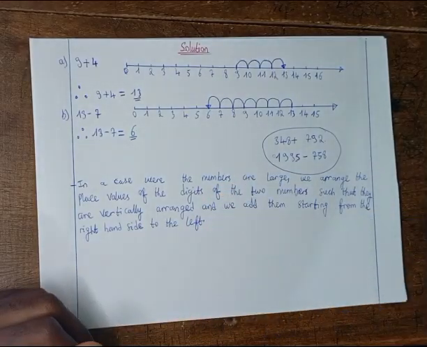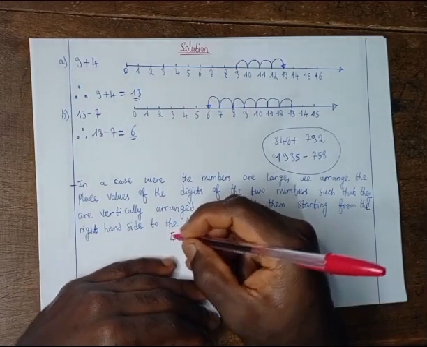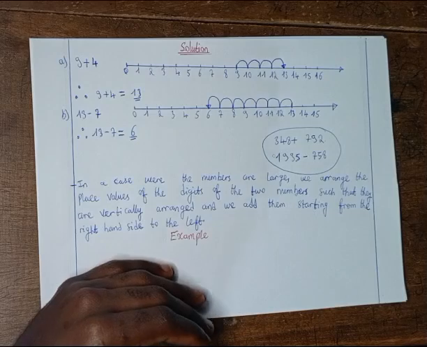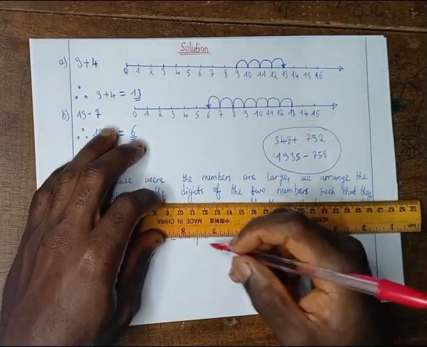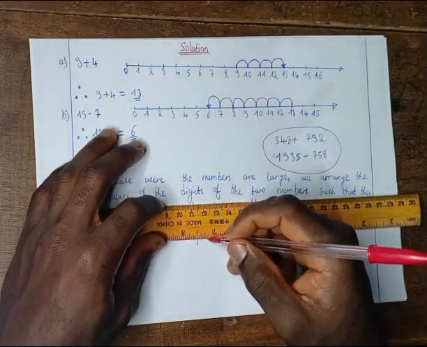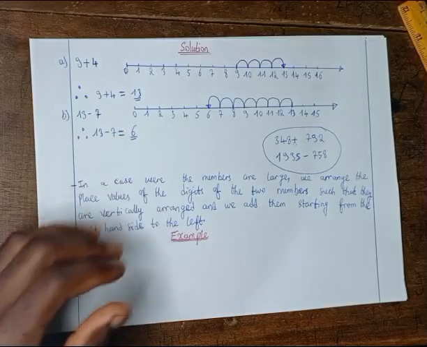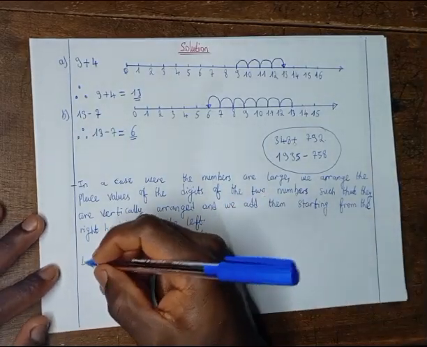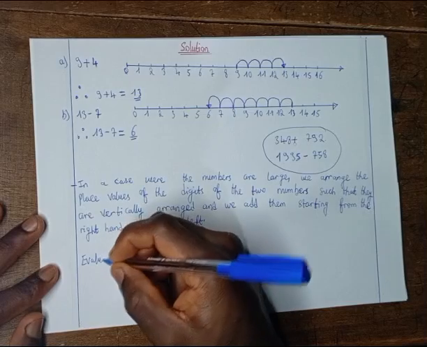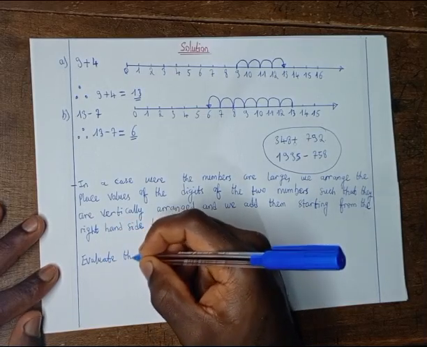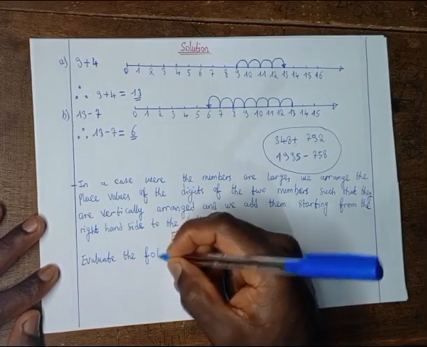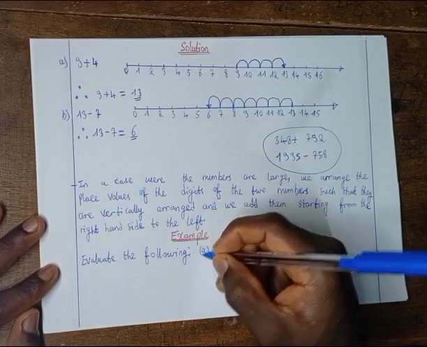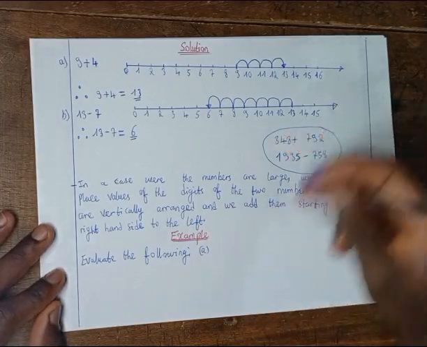Let's take an example. As we answer this example, you understand the explanation of this point. Evaluate the following. Here, let's copy this.